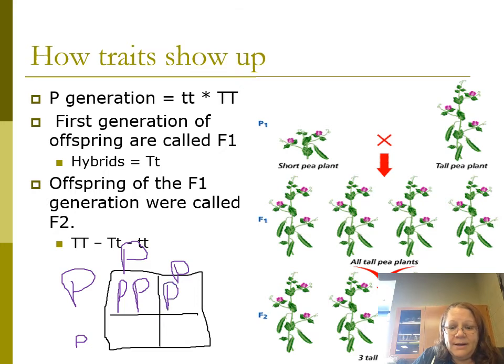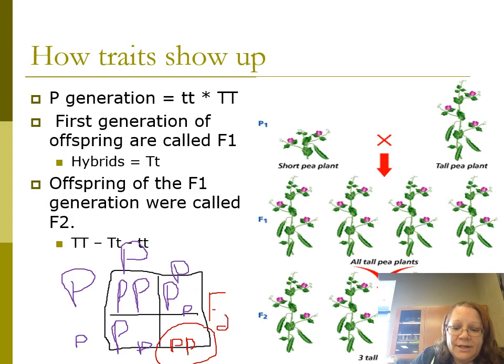This baby was also purple, but heterozygous. This baby was purple, but heterozygous. And then one freaky little recessive kid that came out white. And so that showed that there was some kind of hidden recessive gene in there. And so this generation is called the F2 generation, the second family, F2.